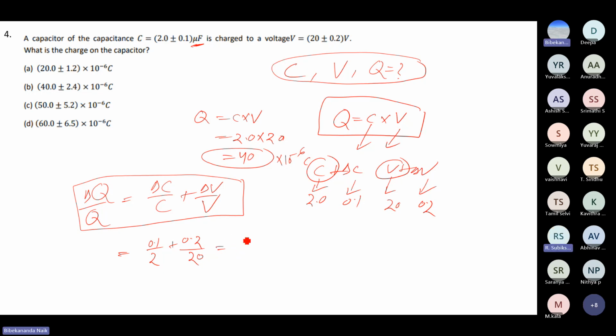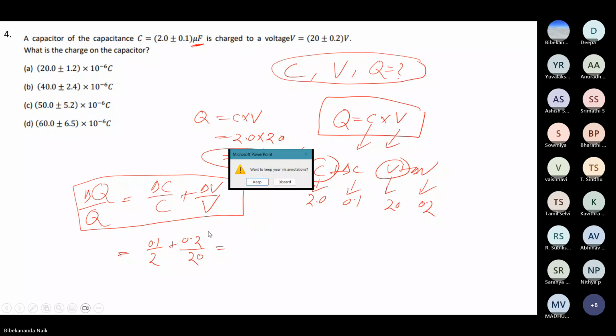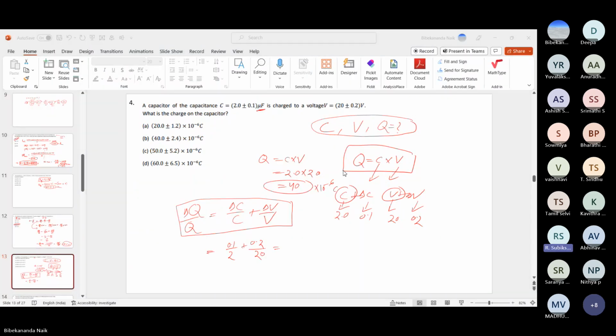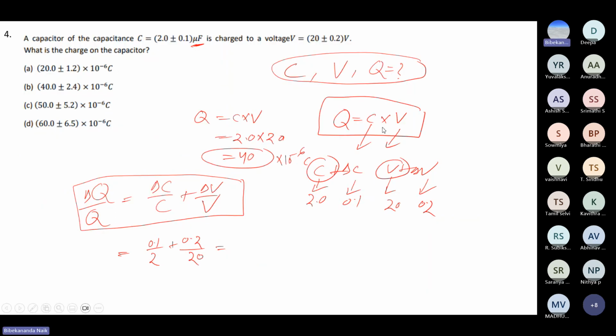It will be 0.1 by 2 plus 0.2 by 20. If you solve it, how much will it be?